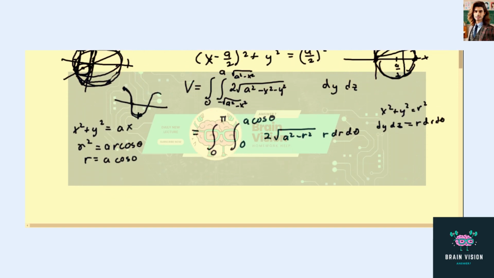Okay, I'm satisfied now. Okay, so we're going to let u be a squared minus r squared. So du is minus 2r dr. So we need a minus 2 there and a minus 1/2 out there. So minus 1/2, 2 u to the 1/2 du d theta.